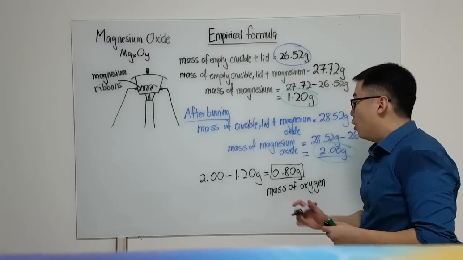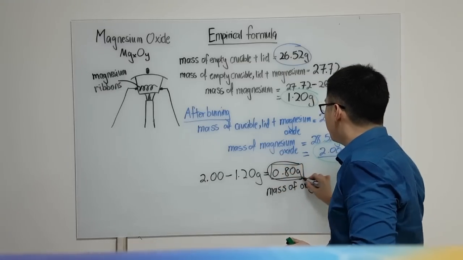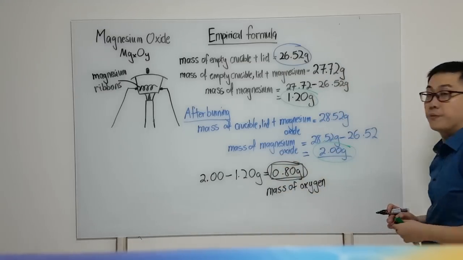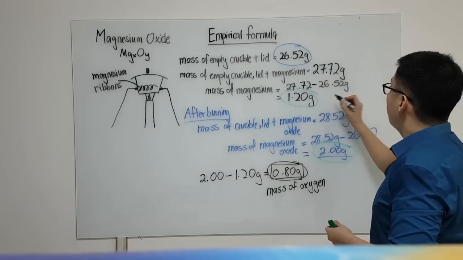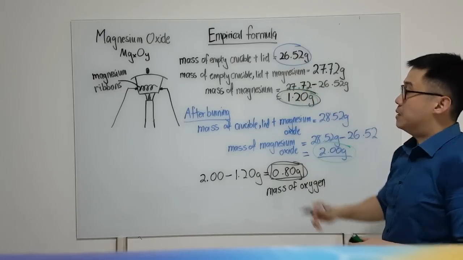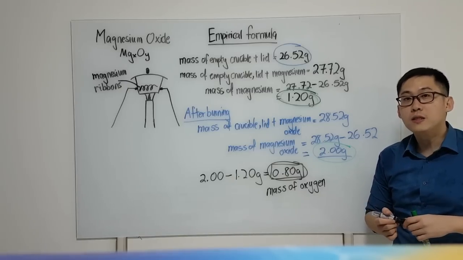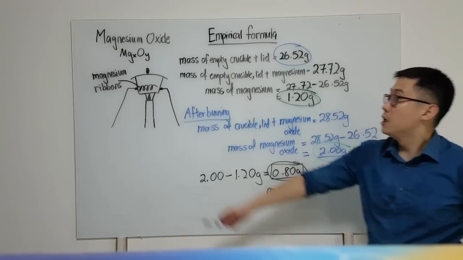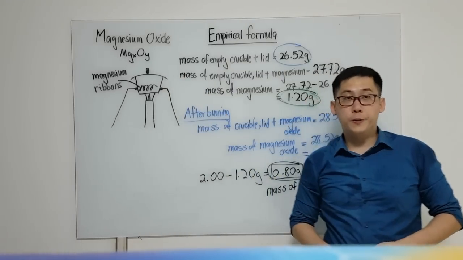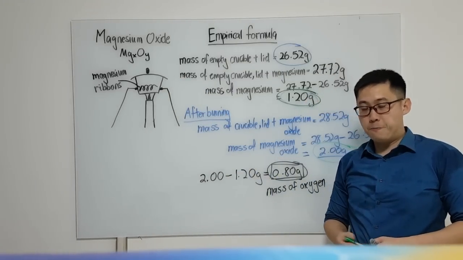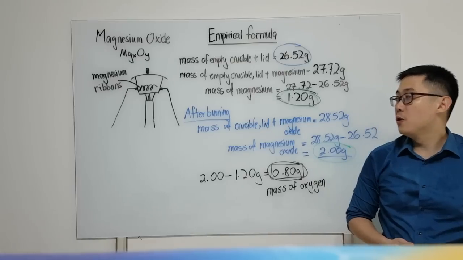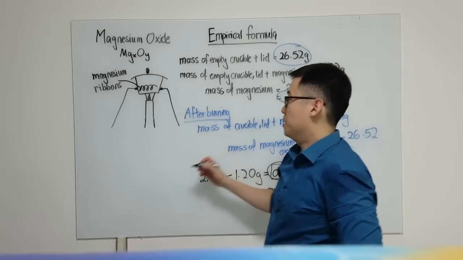So now, once I actually obtain the mass of my oxygen and the mass of my magnesium, I would then be able to do a calculation that tells me the formula of my magnesium oxide. So how do we do this? What we will do is this.